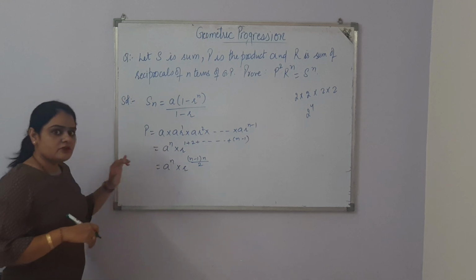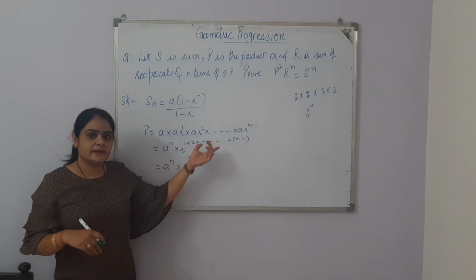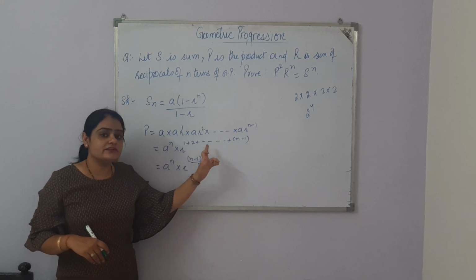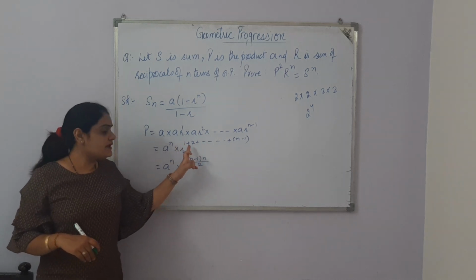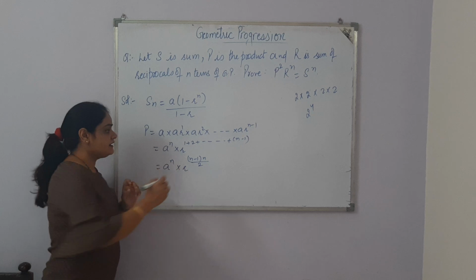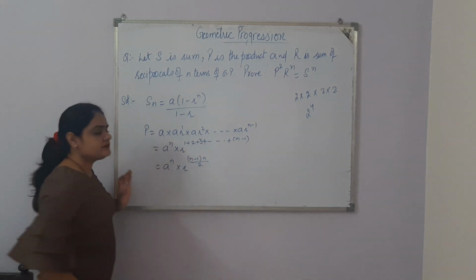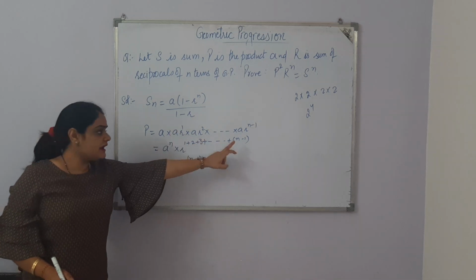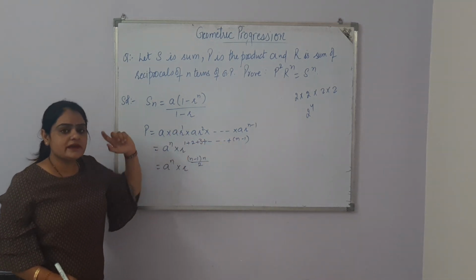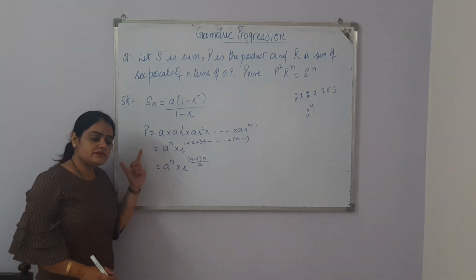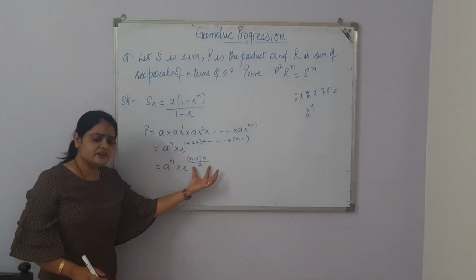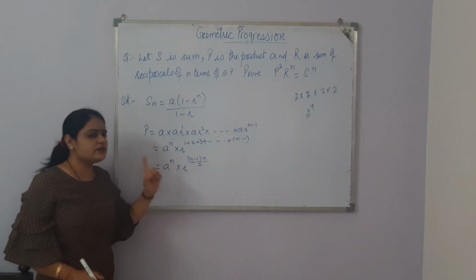If you don't want to learn the formula, you can calculate the sum by applying the formula of Sn of an AP, because this is an AP as well. First term is 1, next term is 2, next term is 3, so d is 1, the first term is 1, and the number of terms is n minus 1. You can apply the sum of n terms of an AP and directly reach the answer, which is n minus 1 into n upon 2.